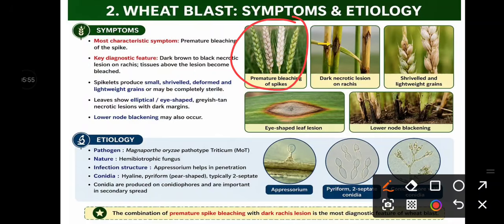Then the next question is how this pathogen causes this premature bleaching of spikes. It occurs due to infection of the pathogen at the rachis. At the base, in the rachis region, the pathogen infects and causes black necrotic lesions.